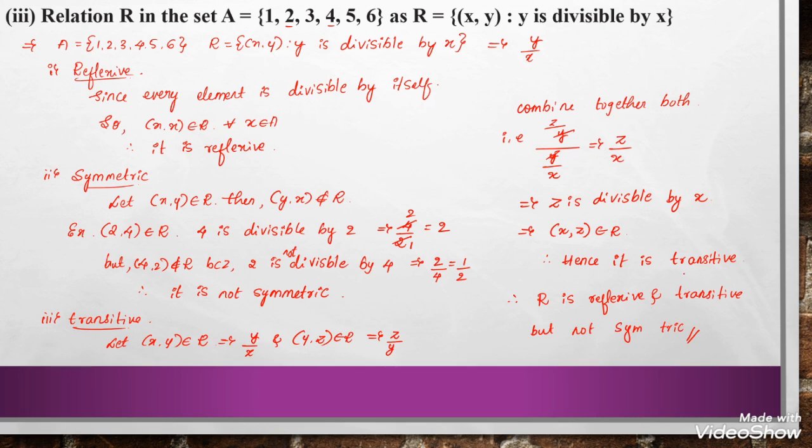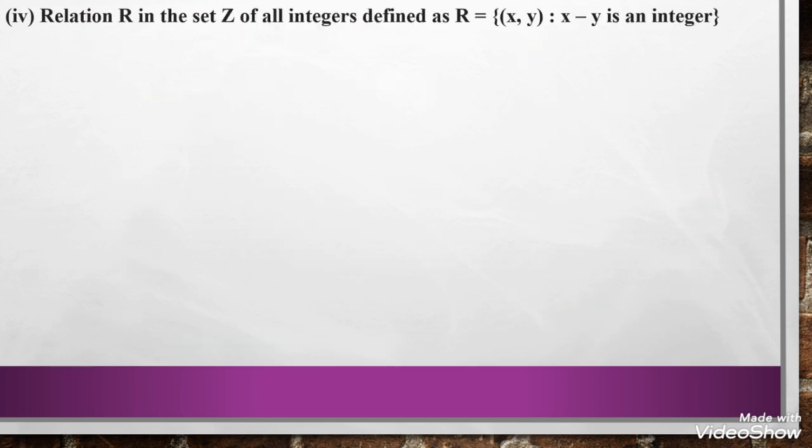Okay, now let us move on to the next question. Question number 4. A relation R in the set Z of all integers is defined by the relation R equals x comma y such that x minus y is an integer. Here, let us consider the set Z. Z will be the set of all integers.